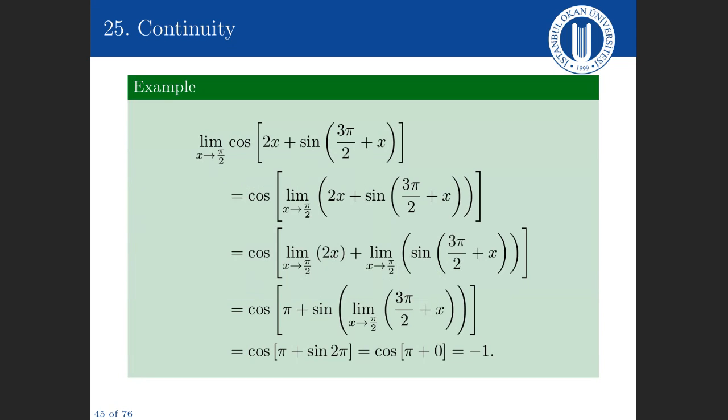For example, let's suppose I want to calculate the limit as x tends to pi over 2 of cos of 2x plus sine of 3 pi over 2 plus x. Cos is continuous, so we can swap the places of limit and cos. Instead of writing limit and then cos, we can write cos and then limit.